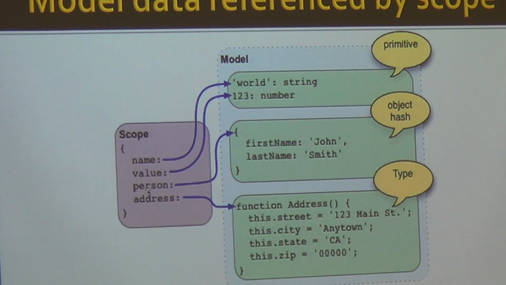And when we look at some controller code, you'll see that you make these assignments. Whatever you want, like this person reference is referencing another object that has a first name and a last name in it. So you're defining what relationships you want to have in the scope, and that's something that you're doing in the controller.